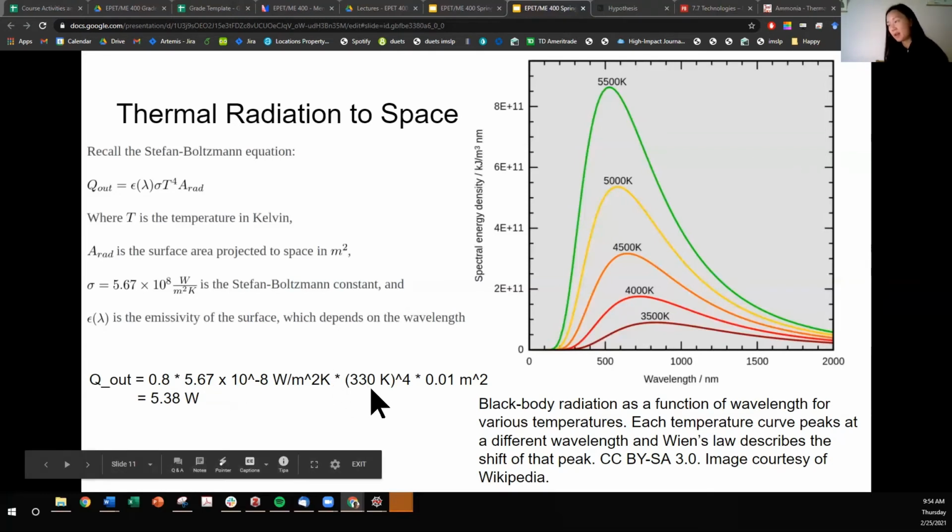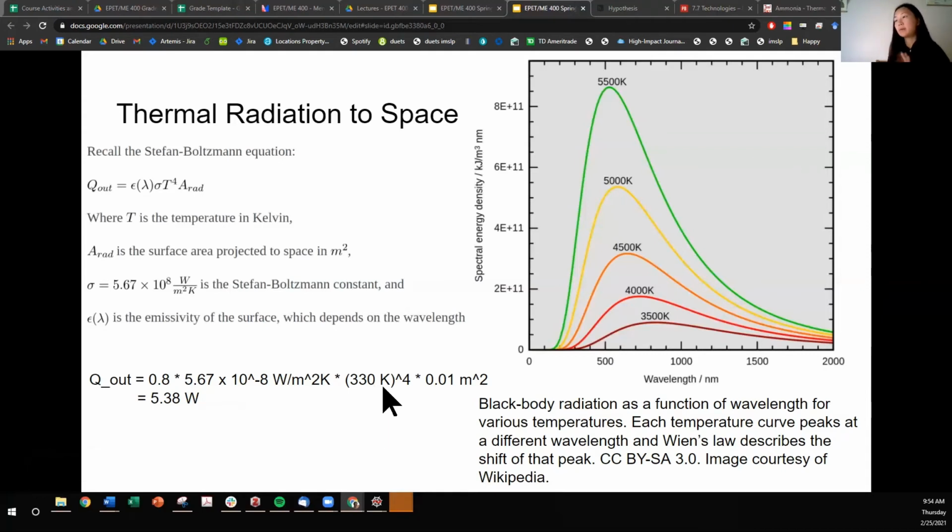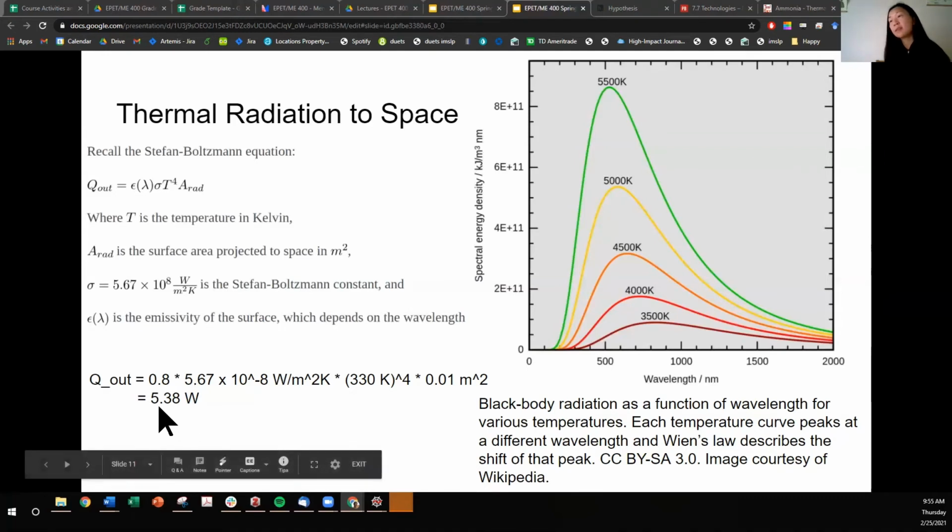Let's say that the spacecraft is at 330 Kelvin. That's about room temperature plus 30. It's pretty warm, about 60 Celsius. And then we have the surface area, which is about 0.01 meters squared. The amount of effective heat radiating out of the spacecraft is about 5 watts.